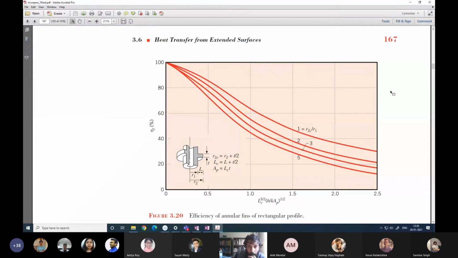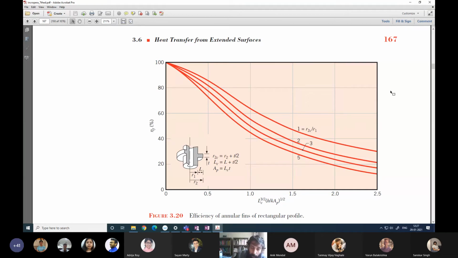Okay, R1, R2. L equals R2 minus R1, that is 1.5 centimeter. So t by 2 equals b equals 0.05 centimeter. R2c equals R2, 3 centimeter, plus t by 2, 0.05 centimeter, equals 3.05 centimeter.